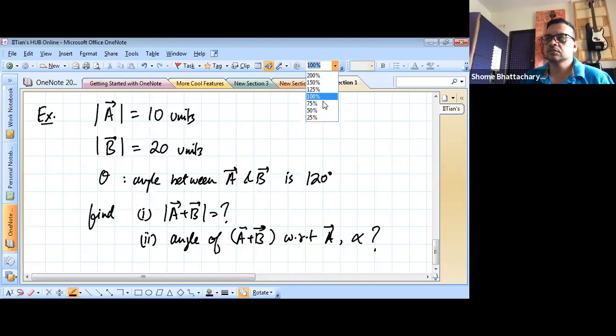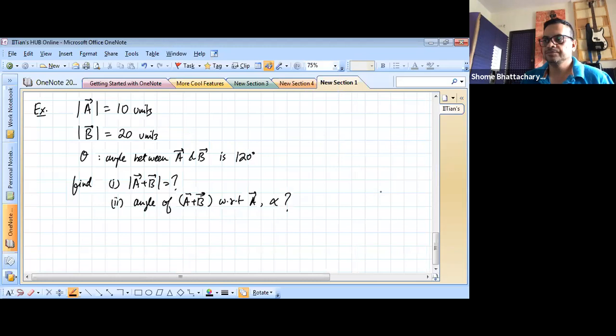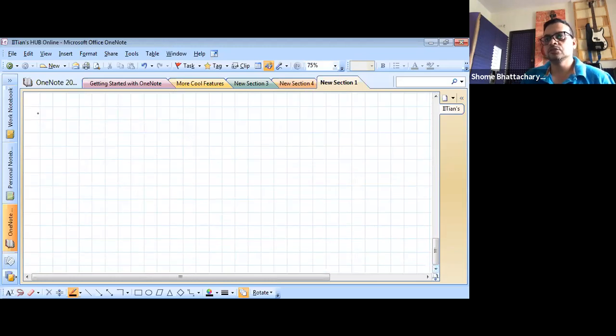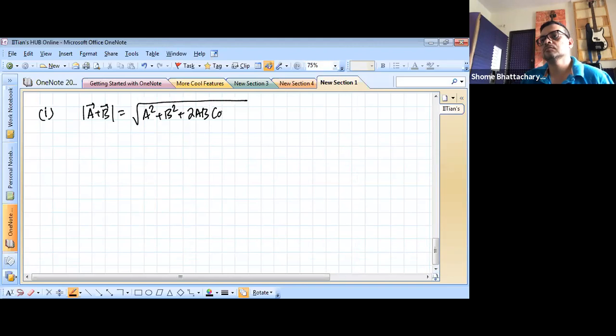In this case, all you do over here, you use the formula that mod of A plus B is given as this. In this, we'll substitute A as 10, given to us in the question, B as 20, given to us in the question, and theta as 120 degrees.